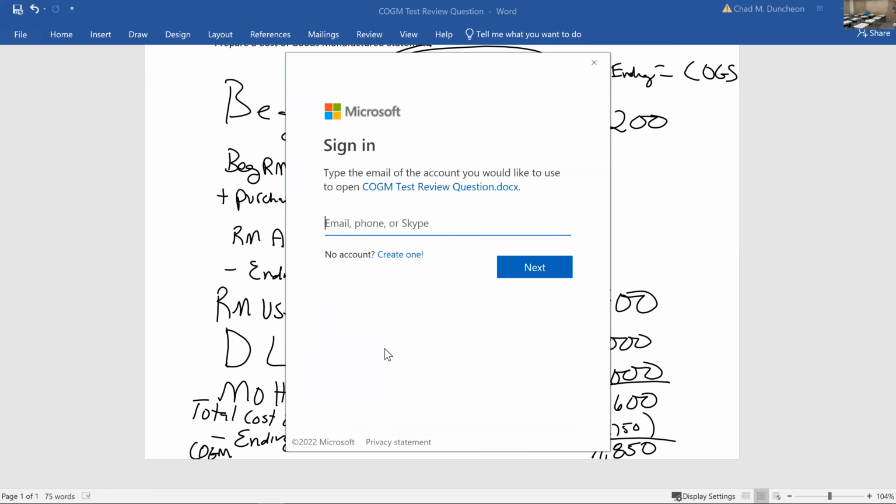How much overhead was applied in this case? 415,666.